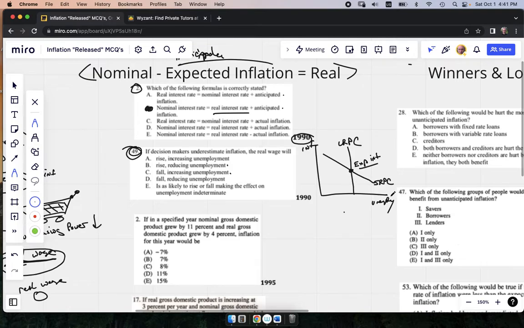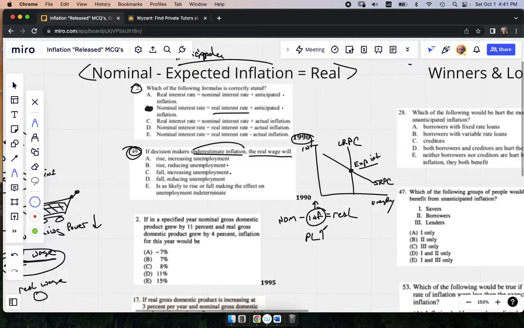And you have to know that. They've asked it lately on a number of FRQs. So make sure you know that dot where those two come together is expected inflation. Now, if decision makers underestimate inflation, what happens to your real wage? Again, the formula is nominal minus inflation equals real. What we recognize is that when they say decision makers underestimated inflation, they're implying that inflation must have gone up.